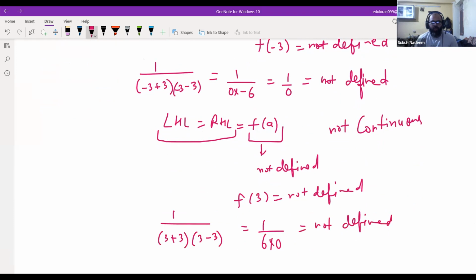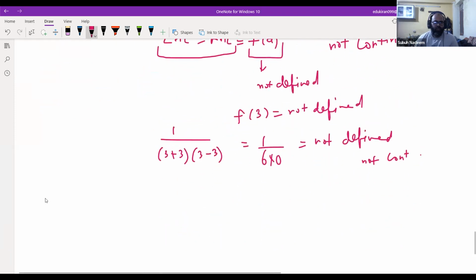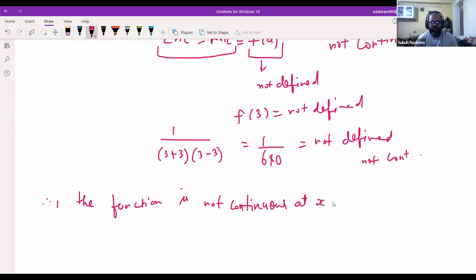So it is not continuous here also. Therefore, the function is not continuous at x equal to plus minus 3.